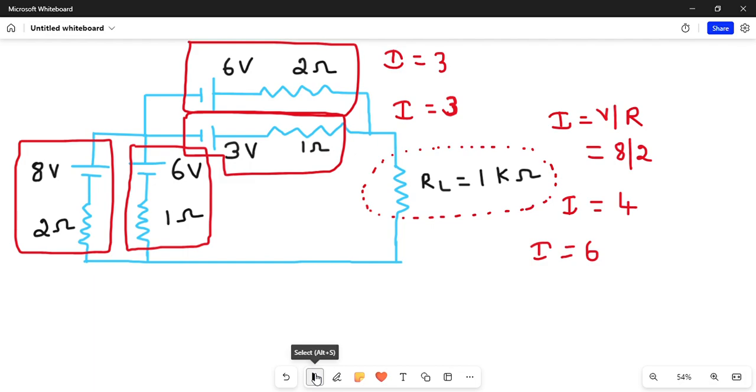So therefore we have to redraw the circuit. If I redraw the circuit, I get the resultant as, here I have 4 ohm. I have to write it down. Just a minute, give me some time.